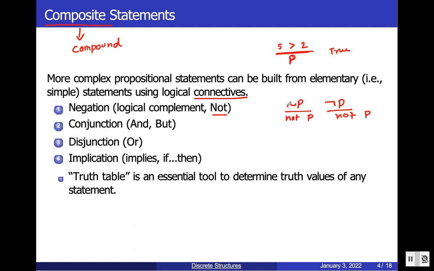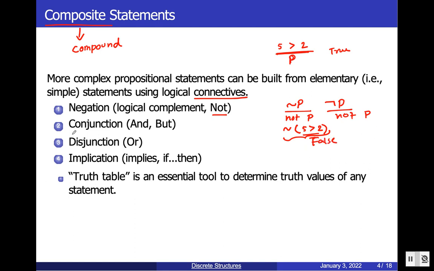Now if we read it as not P, we read it as 5 is not greater than 2. If 5 greater than 2 is true, then 5 is not greater than 2 is false. So the whole thing will be false.